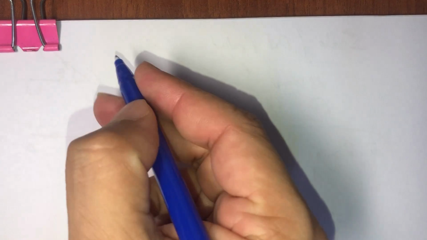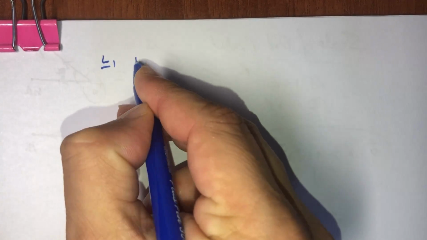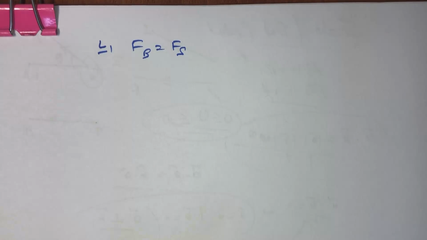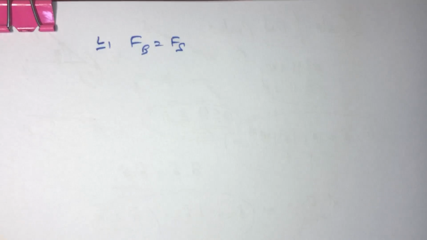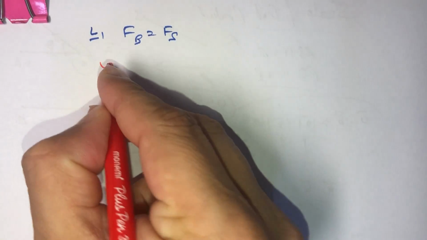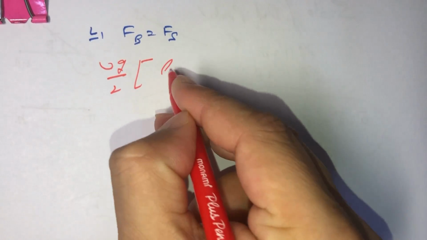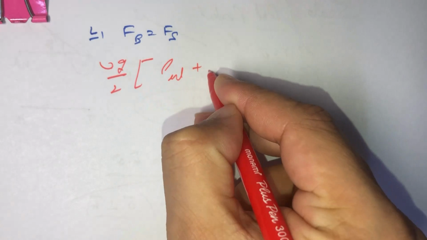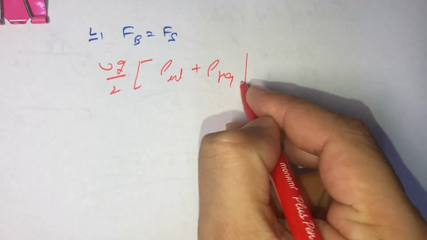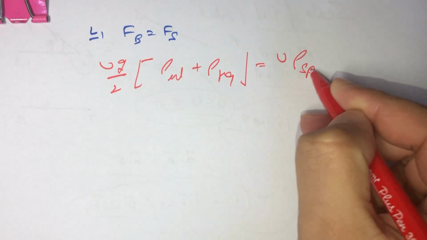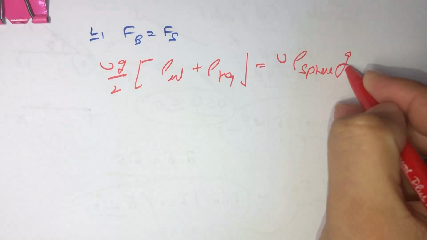We substitute the formula, so we can say that FB is equal to Fs, and Vg divided by 2 times (density of oil plus density of mercury) is equal to V times density of sphere multiplied by g.